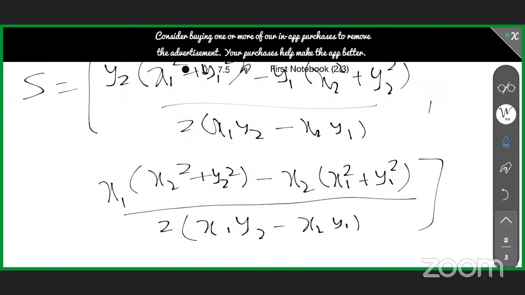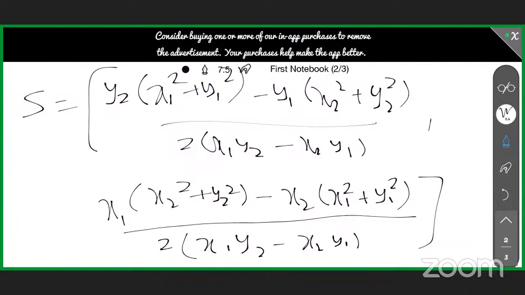This is how you find the circumcenter of a triangle whose vertices are 0, 0, x1, y1, x2, y2.